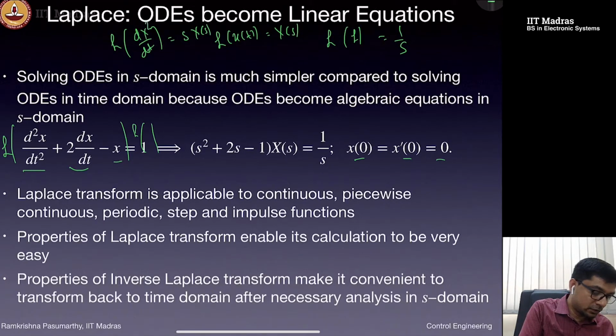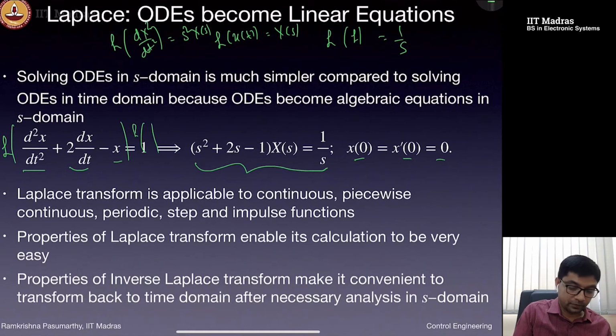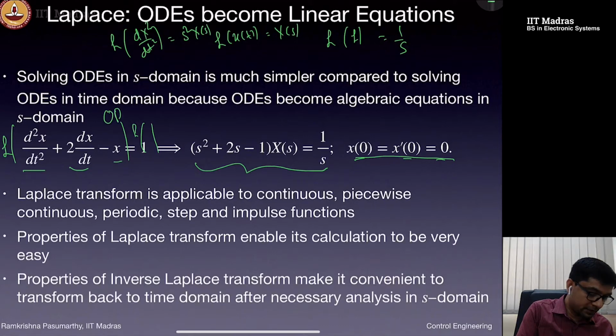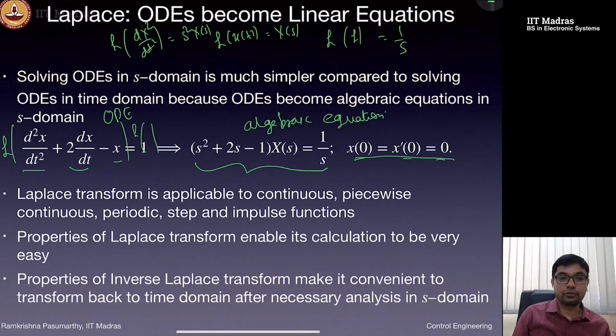Similarly, for the second derivative, this becomes s squared. So this now simplifies to solving a linear equation with these 0 initial conditions. So I start with an ODE, a differential equation, and this is now just an algebraic equation, which is easier to solve.